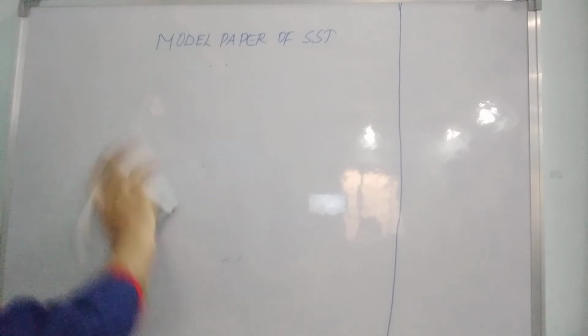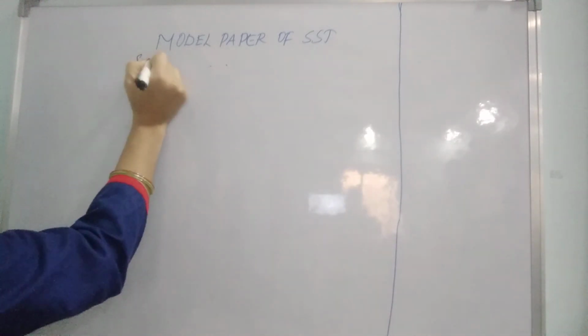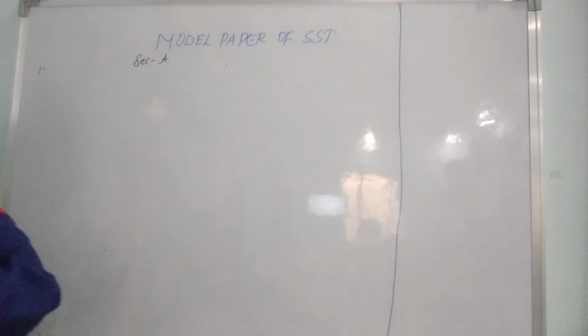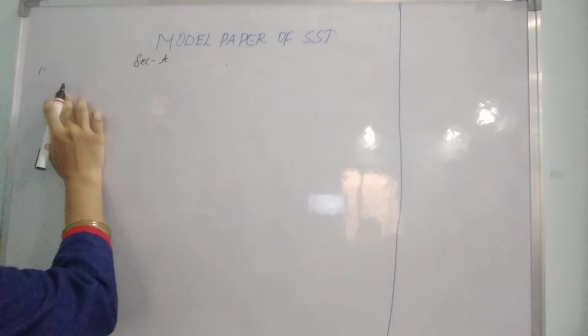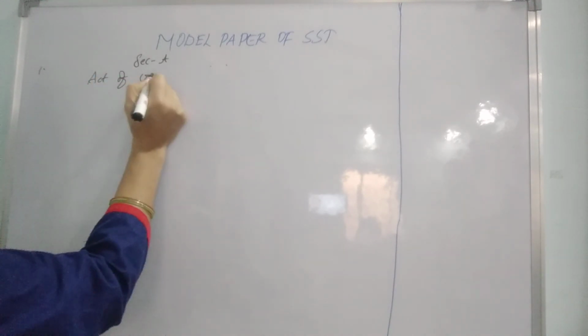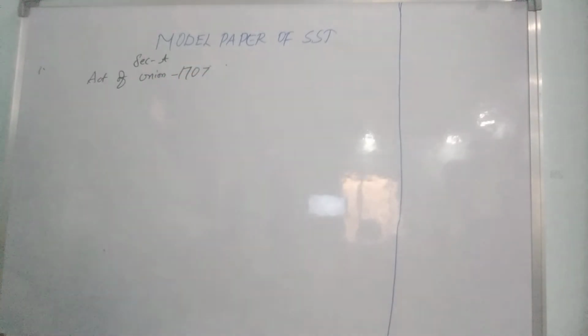Okay, let's come to our paper. Section A. Our first question is: identify the correct statement with regard to the Act of Union 1707 from the following options.